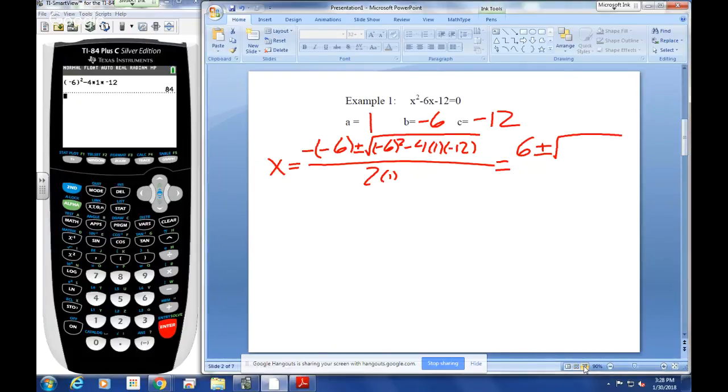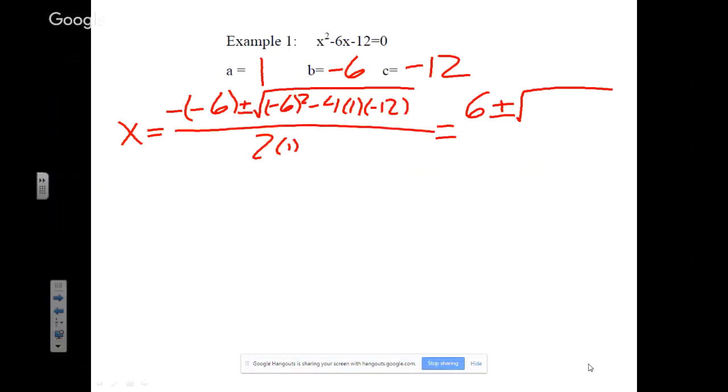So if we go back to here, we're going to see that we want to put 84 right here, and that's the discriminant. And we see that since it's positive, we're going to get 2 real answers. And we can just make that a little simpler to make it 2. So next step is just simplifying the square root of 84.